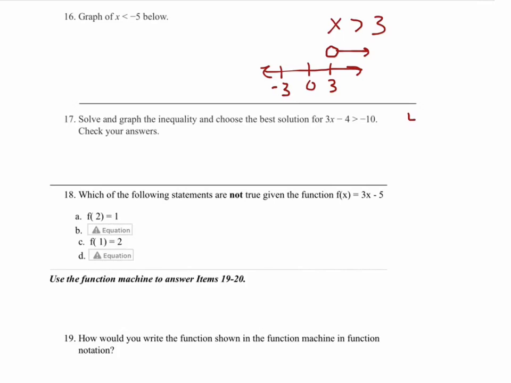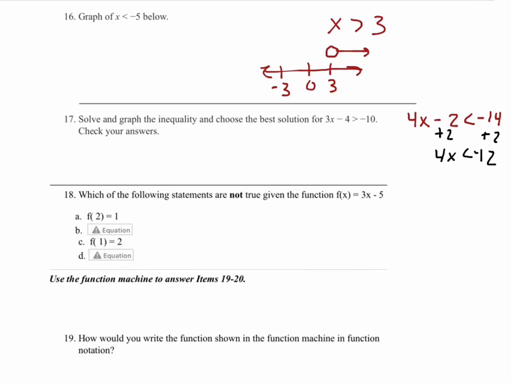So let's do 4x minus 2 is less than negative 14. Alright? So we got to solve for x. Plus 2, plus 2. We have 4x, recopy, is less than negative 12.